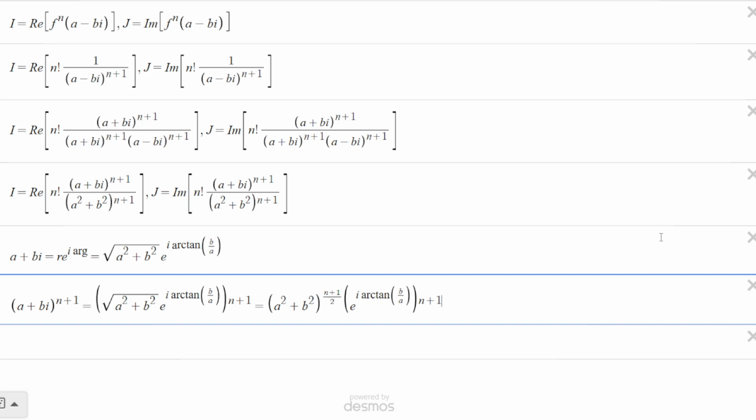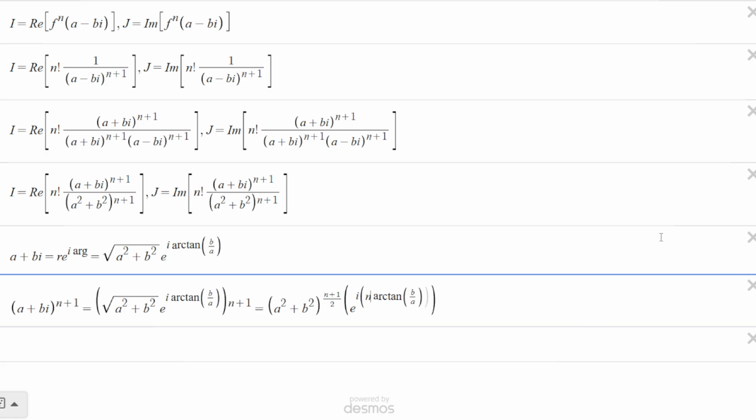And this, we can just distribute this n plus 1 inside using the properties of exponents. So we just have i(n plus 1).